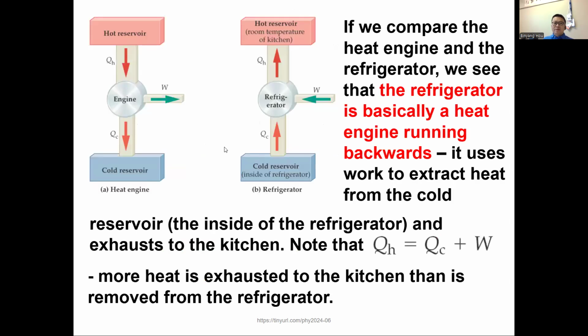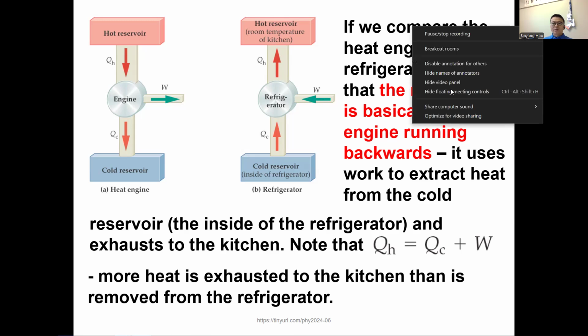Okay, so a heat engine takes heat in from the hot reservoir, converts part of it to mechanical work, and then discards cold heat to the cold reservoir. For the reverse process, in the case of a refrigerator, it takes heat from the cold reservoir, and then with the aid of electrical work into the refrigerator, it discards excess heat to the outside environment.